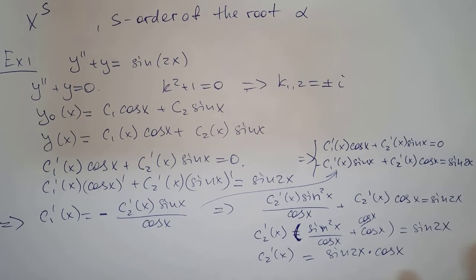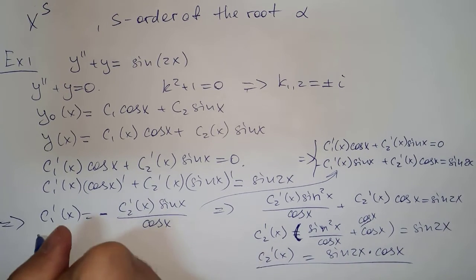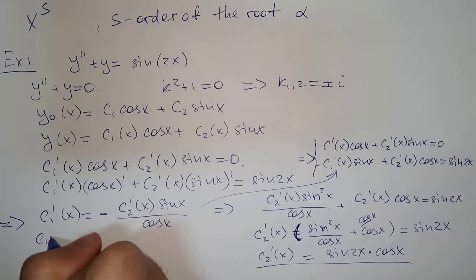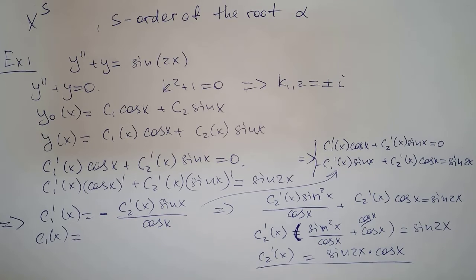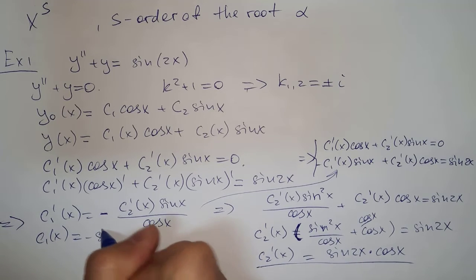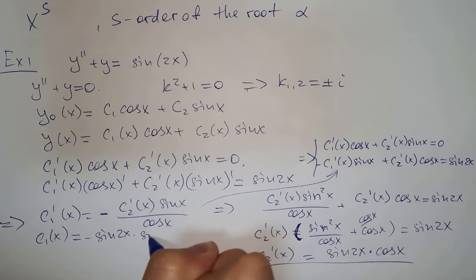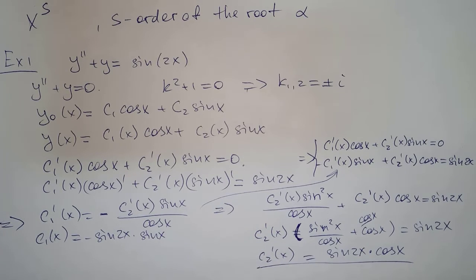Okay, we got this c2 prime of x and c1 prime of x. After putting our c2 prime of x, the cosines cancel, and we have c1 prime of x is minus sine 2x times sine x. Okay, now find this c1.